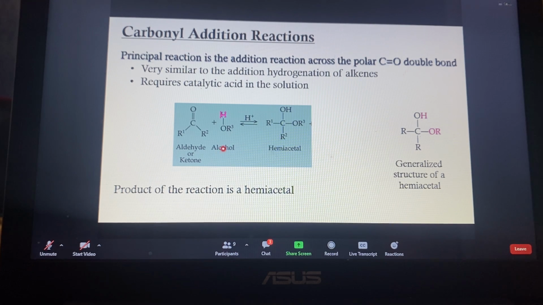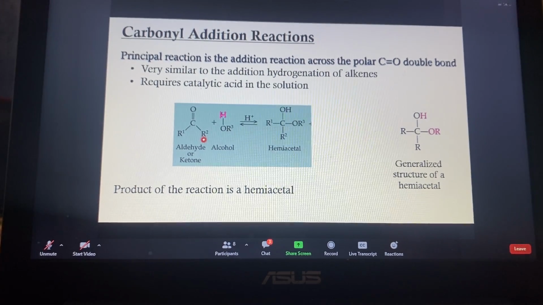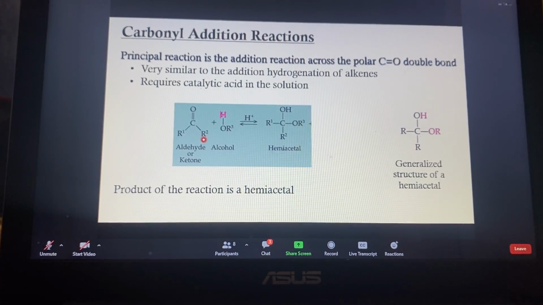All right, so let's take a look at this. We're going to start with an aldehyde or a ketone. Depending on what the R groups are, if one of these R groups is an H, then it will be an aldehyde. If both of these R groups are carbons, then it's a ketone. Then we have an alcohol. If you remember what an alcohol is, it is ROH.